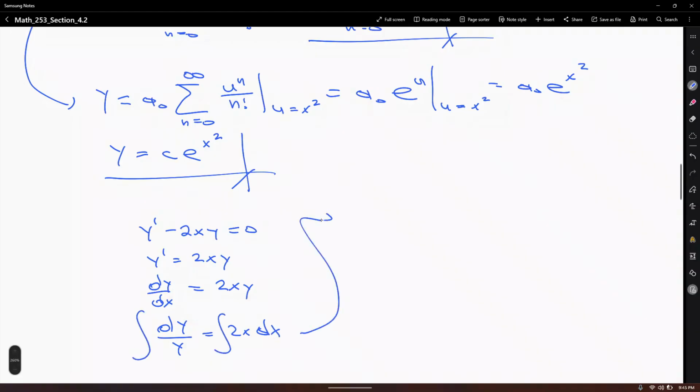Integrating both sides of the equation, we get ln of the absolute value of y equals x squared plus c. Then exponentiating both sides on the base e, y equals, I'm going to drop the absolute value bars at this point, e to the c e to the x squared, which is y equals c e to the x squared, and which is the same function we got using the power series representation.